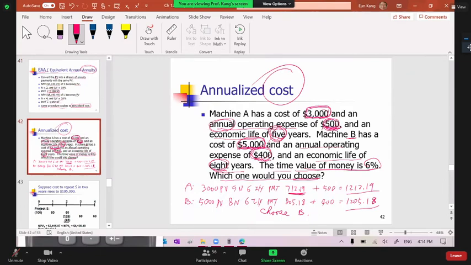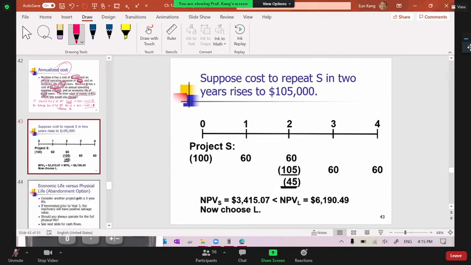So sometimes you may have to rely on the replacement chain approach. Suppose the cost to repeat S in 2 years rises to 105,000 rather than 100. All those numbers are in thousands, so it's 105, right?